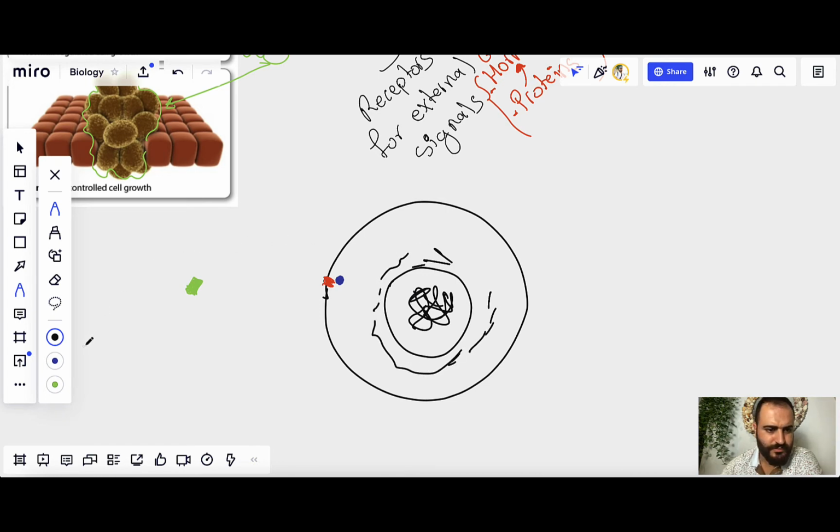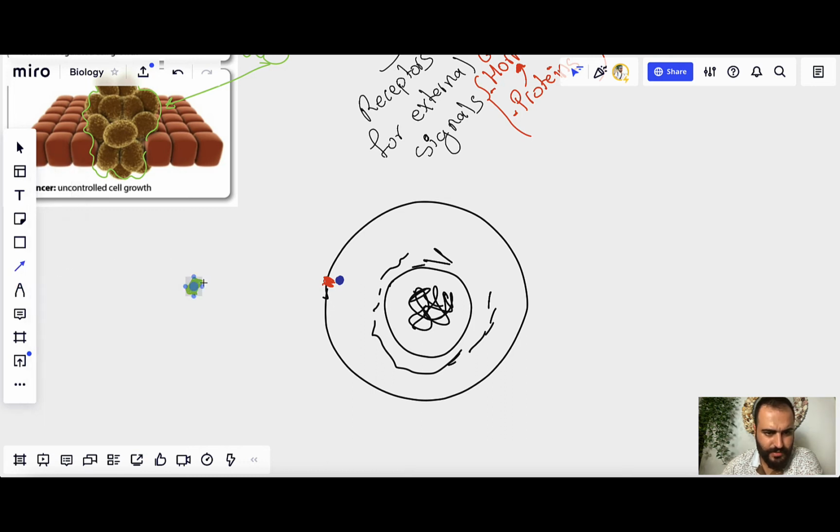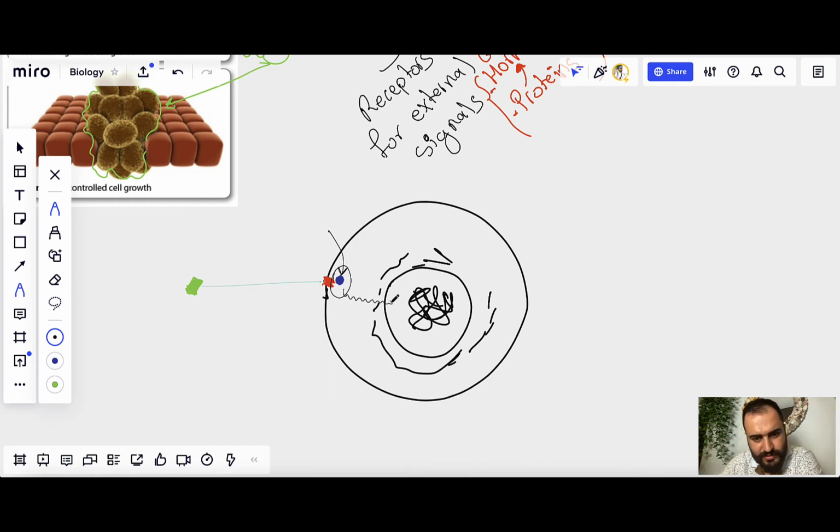So the binding of this hormone to this molecule will lead to the activation of this small internal signal that will move in turn and activate cell division. This is an example of how hormone or growth hormones can activate cell division.